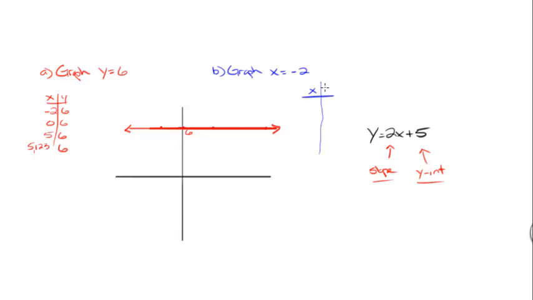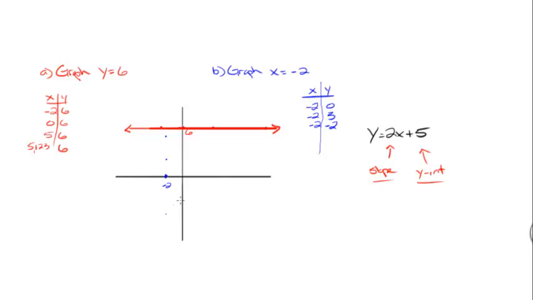If we go to this next graph right here of x equals -2, we have just the opposite. In this case, for any y value, we just get -2 as an x value. And this is a graph of all the points that have -2 as an x value.